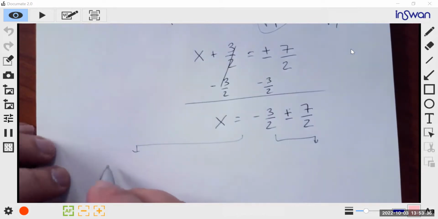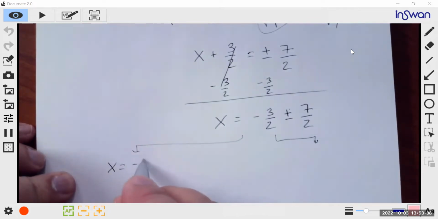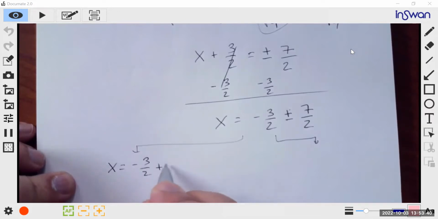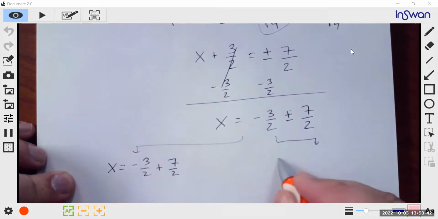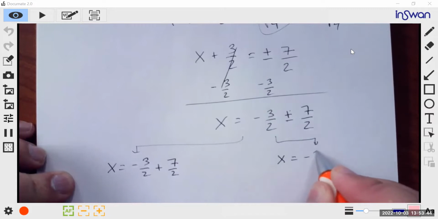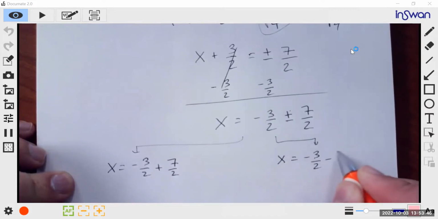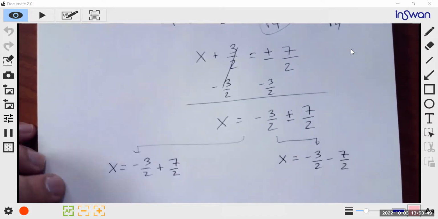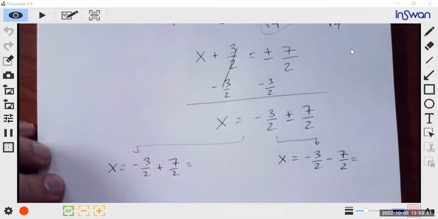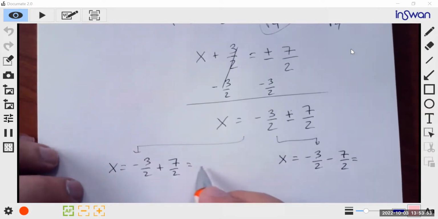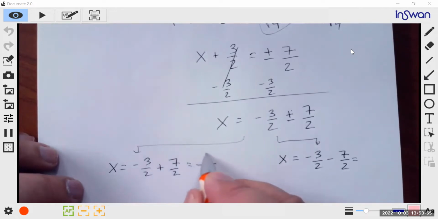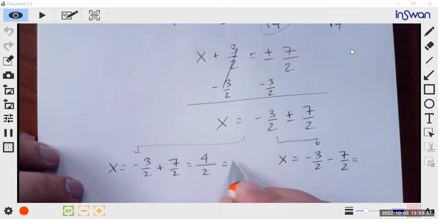Let's look at both of the answers. X equals -3/2 plus 7/2. And X equals -3/2 minus 7/2. Seven minus 3 is 4. 4/2 is 2.